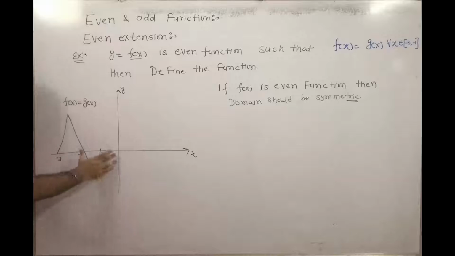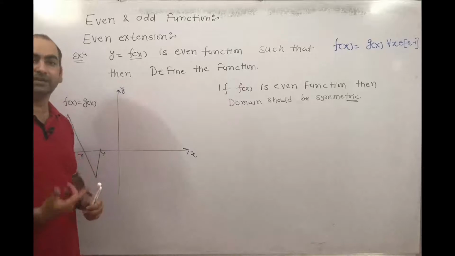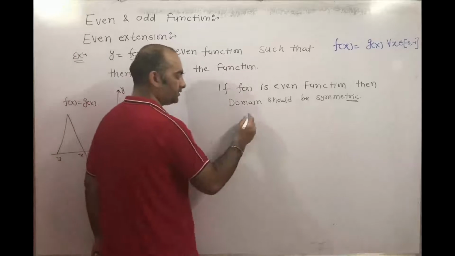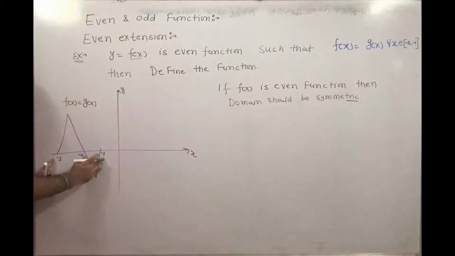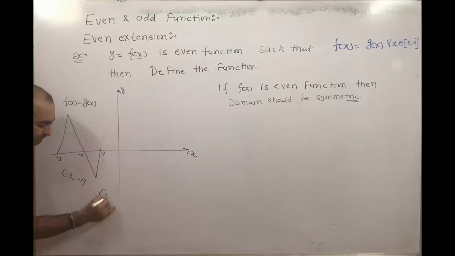On the left hand side, the domain is -3 to -1. Then the right hand side domain should also be symmetric. So we have to take it symmetrically with respect to the origin. So what points will come? 1 to 3 will come.